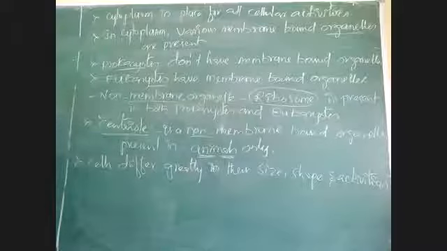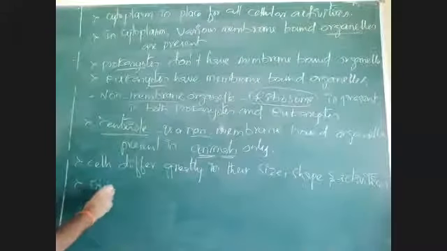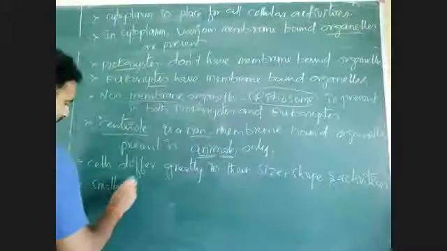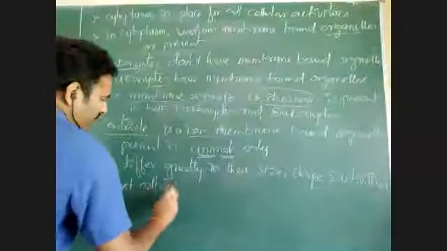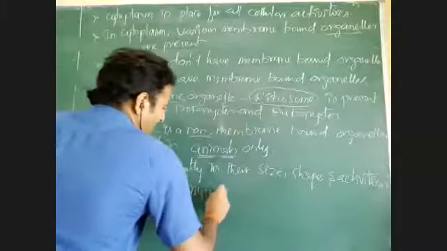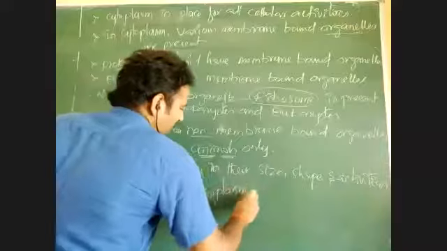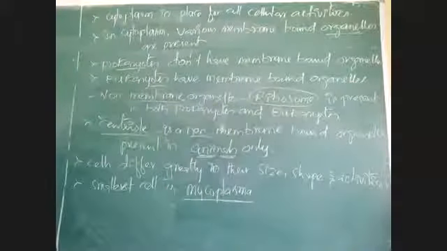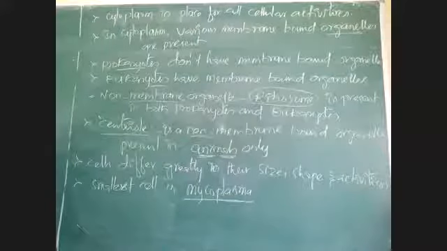What is the smallest cell? The smallest cell is mycoplasma, which is a type of bacteria that has 0.3 microns in length.